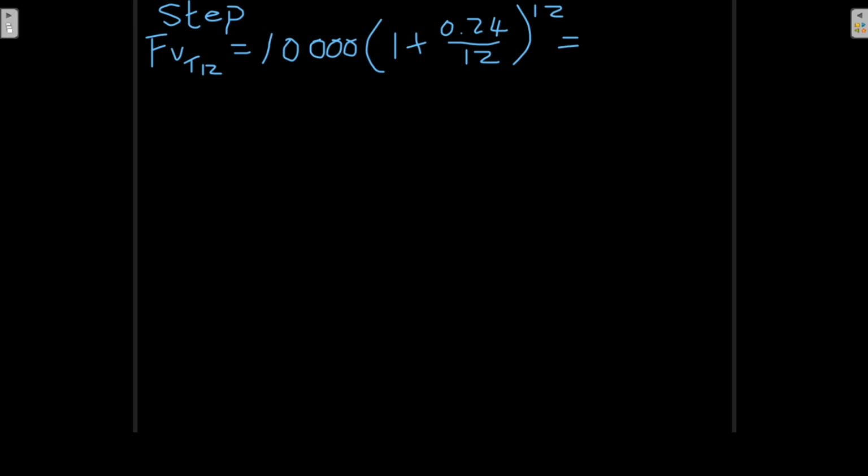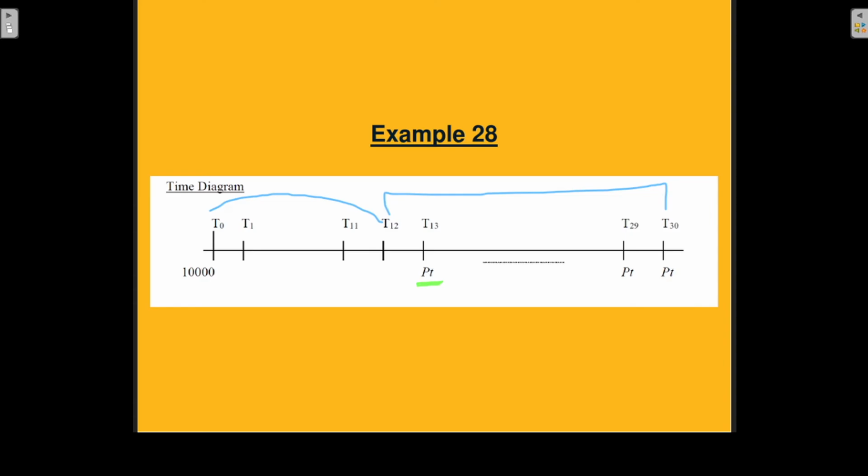That gives us 12,682 rands. So the value of this loan at time T12 is 12,682 rands, and we will now use this value as the present value of our annuity.